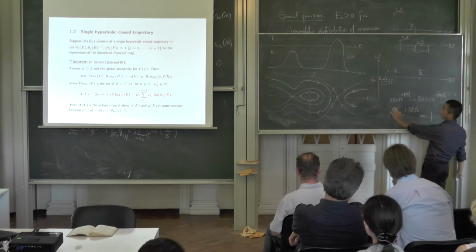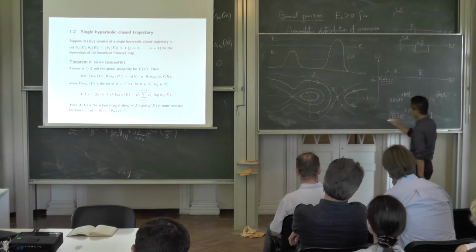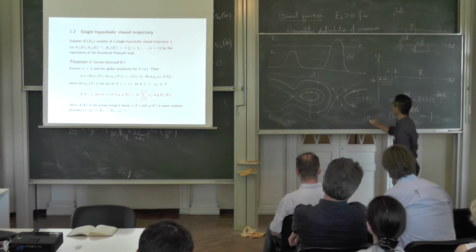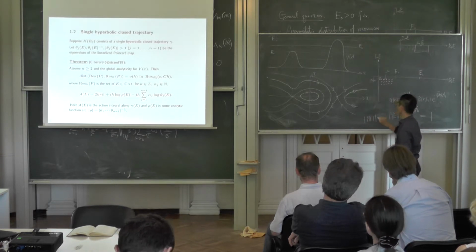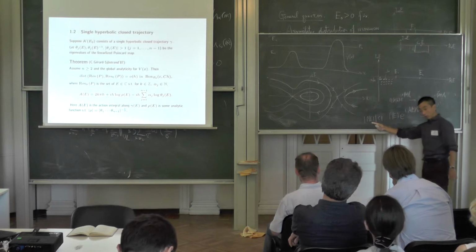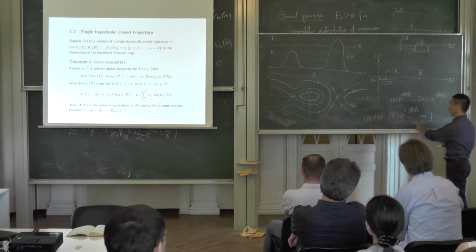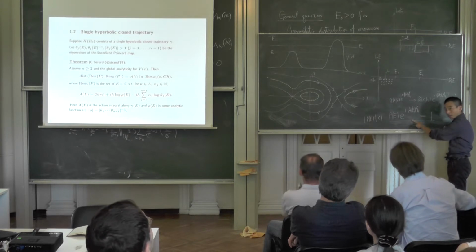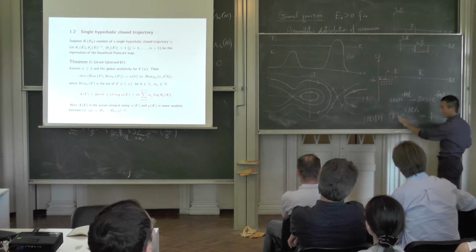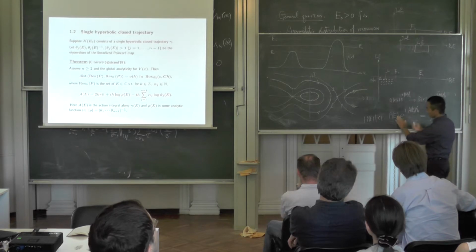In the one-dimensional case, it is equal to 1, and in this case, rho is some function of E whose absolute value is smaller than 1. And if you solve this, you freeze it at E0.